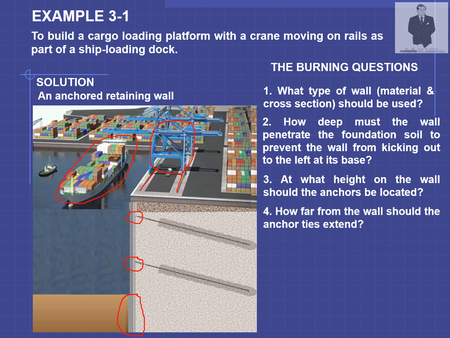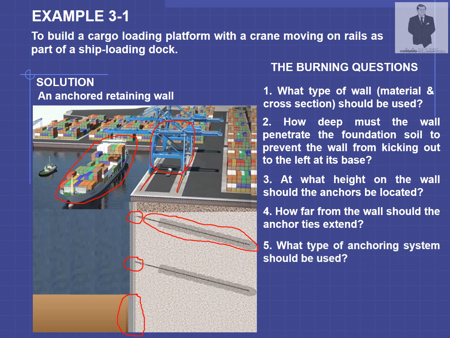And fourth question, how far from the wall should the anchor ties extend? Since the resistance is dependent on the penetration of anchors into the ground, the total length is very important. As we said, these will provide additional resistance for the retaining structure.